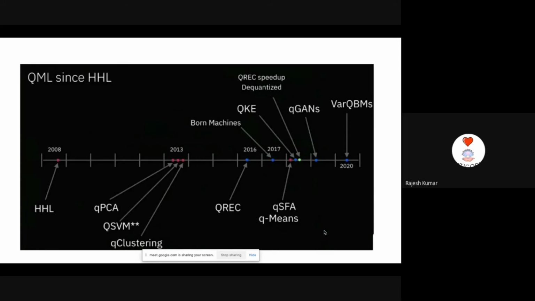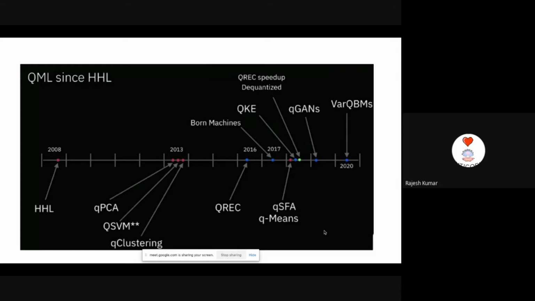But this graph will give you the insight that work has already started towards quantum machine learning algorithm approaches, and it has now started maturing. Recommendation is there, clustering, SVM, and now we are maturing in a way that we can clearly take the advantages of quantum.